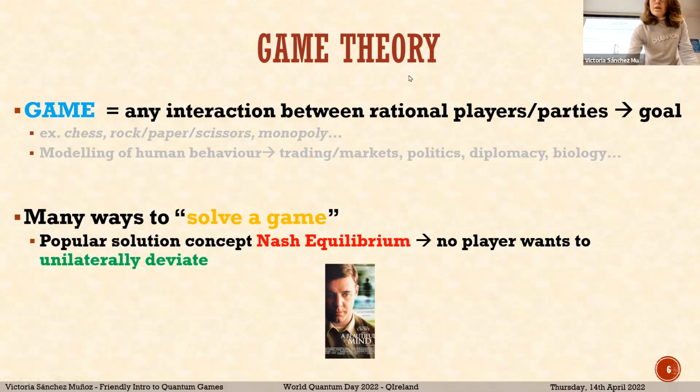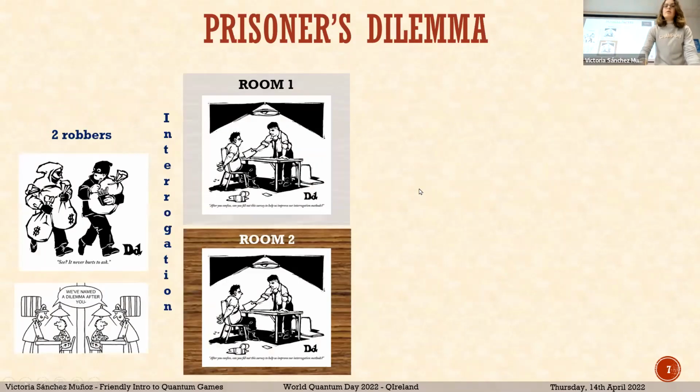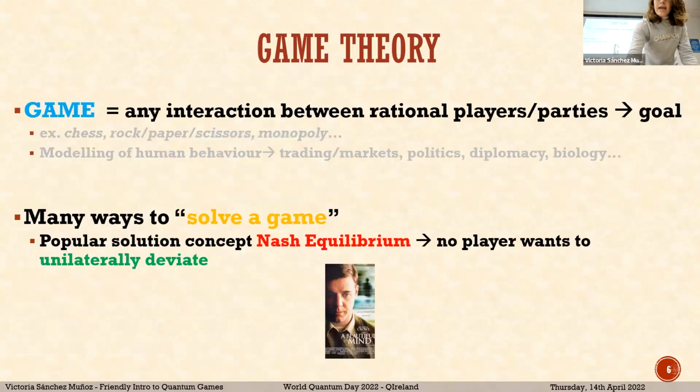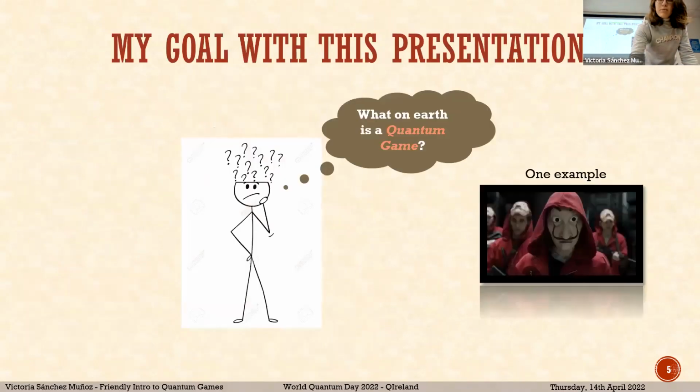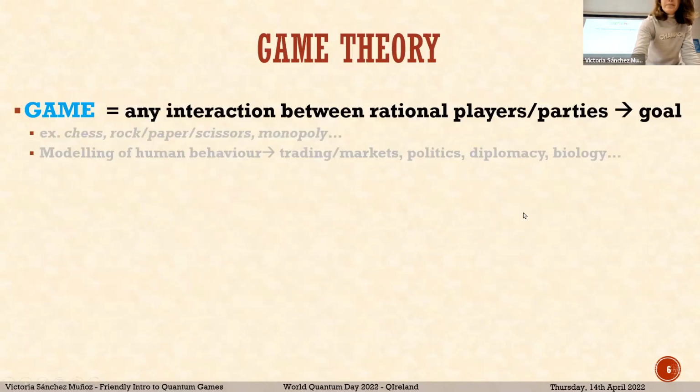Okay, so this is game theory, very basic. The game that involves some robbers will be the prisoner's dilemma.